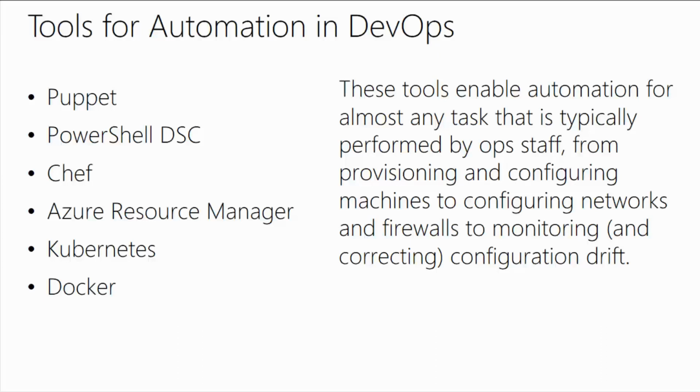So basically, these tools enable automation for almost any task that is typically performed by the operations staff, from provisioning and configuring machines, like I mentioned, virtual machines, creating clusters, to configuring networks and firewalls, to monitoring and correcting configuration drifts. So all of these tools are very, very handy.